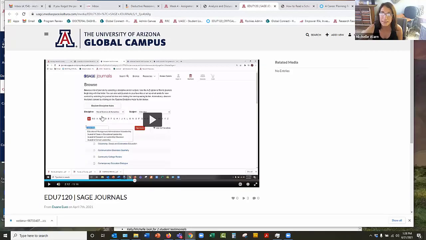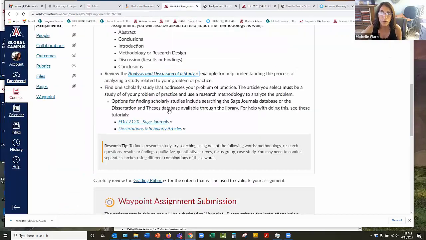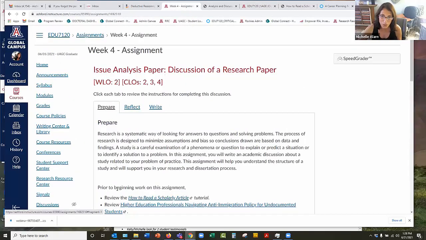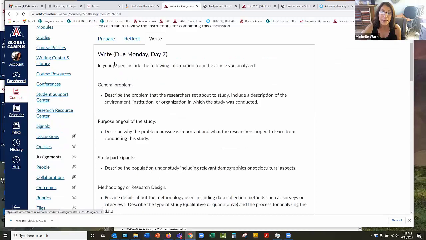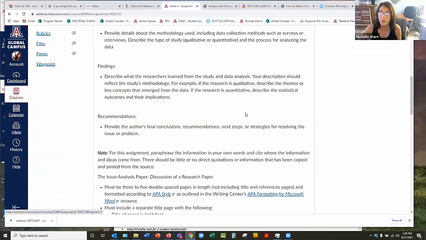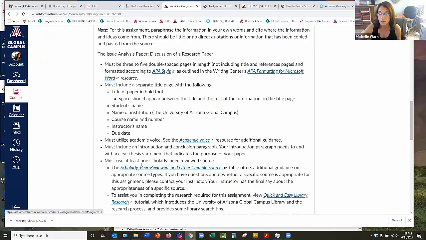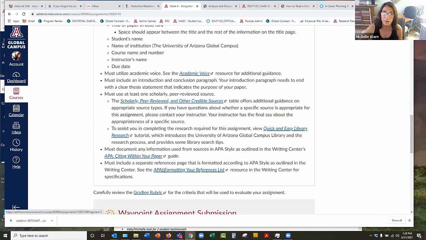So it's 5 minutes, takes you through how to go find really high quality research in the library, okay? So week 4, the preparation is the most important, okay? And then you're gonna go find that article and then you're gonna write it up. And again, using that same example, and it's too bad it's not here, it should be here again.